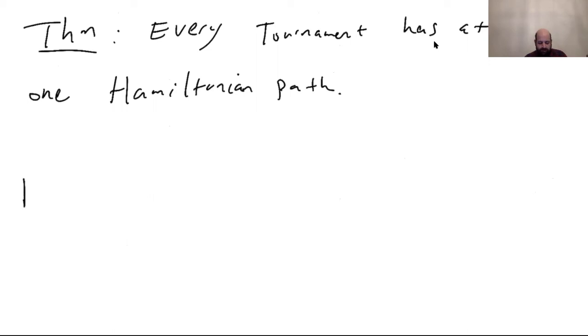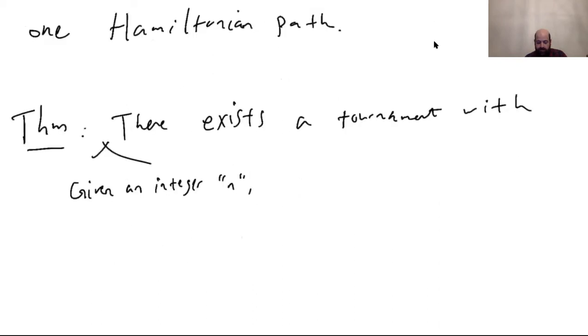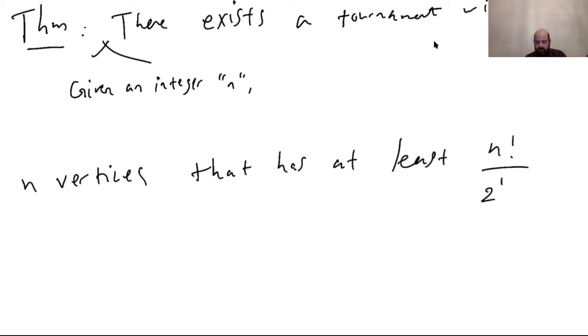So another theorem: given an integer n, there exists a tournament with n vertices that has at least n factorial over 2 to the power n minus 1 Hamiltonian paths.